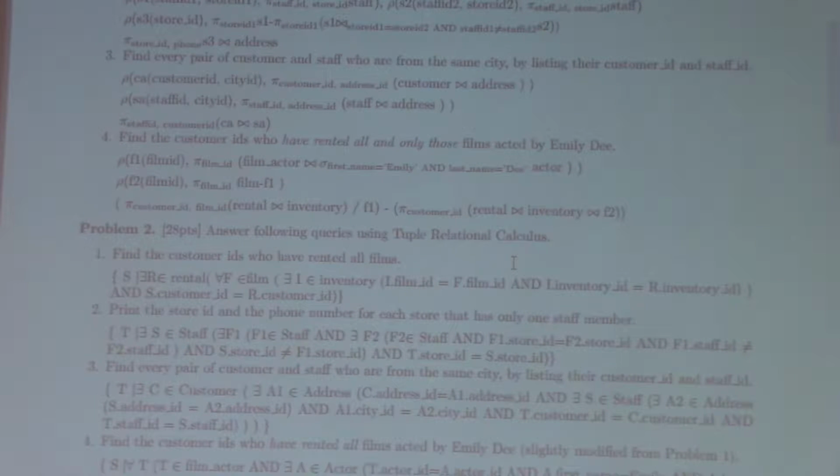Second one, it's a little bit trickier to solve because in relational algebra you do not have this notion of aggregation. Yes. In the first one, I know it's really simple, but you're dividing by film IDs from the inventory table, and it says all films.